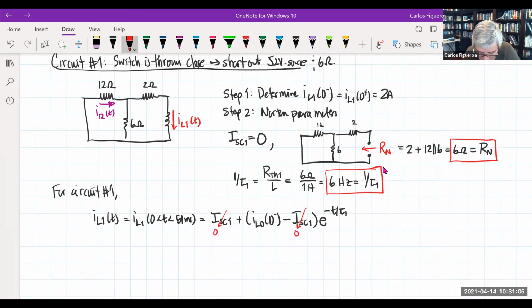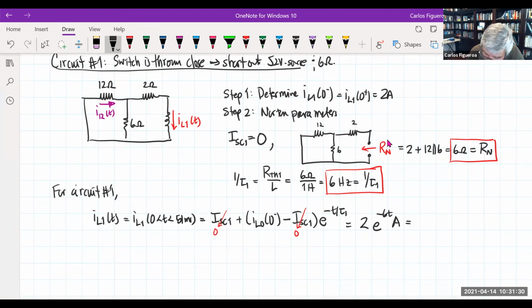And then I'm going to start putting in my values. What did I calculate for I short circuit? I have 2. My initial condition is 2, so this should be 2e to the minus 6t, and that's going to be in amps.